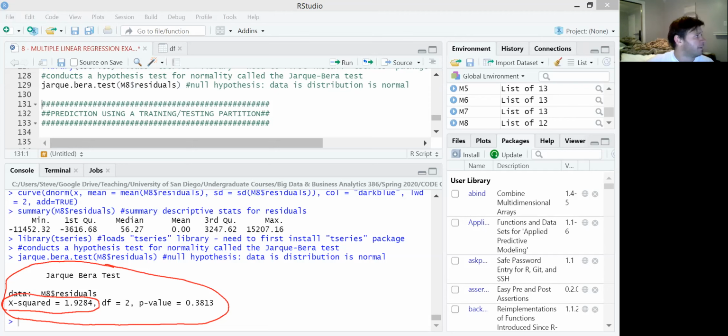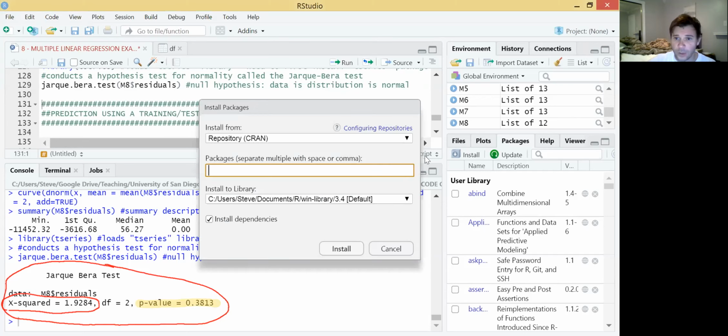But the nice thing about most statistical software packages is they show you the p-value. And here we see that the p-value is pretty big, 38.13%, which means we absolutely cannot reject the null hypothesis that the residuals are normally distributed here. We cannot reject the null hypothesis that the residuals in our data are normally distributed in that plot that we were looking at.